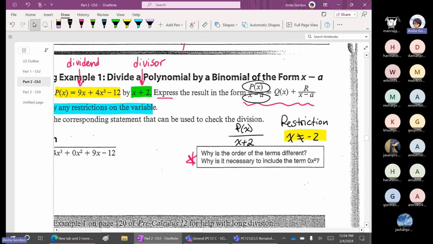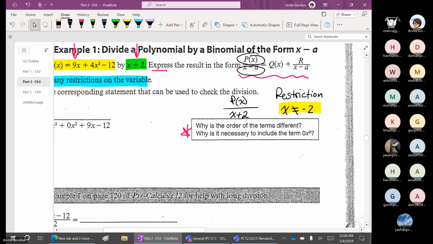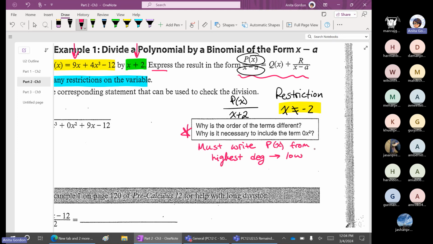Boxes will tell you these are important things. The order is really important when you do long division. We must write p of x from highest degree order, or in descending order.